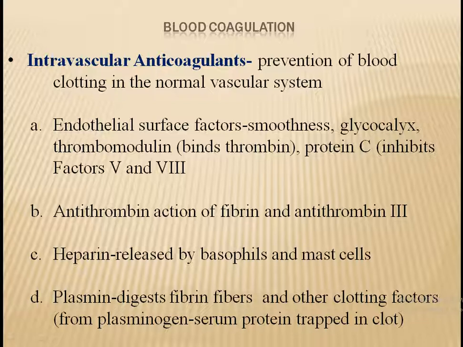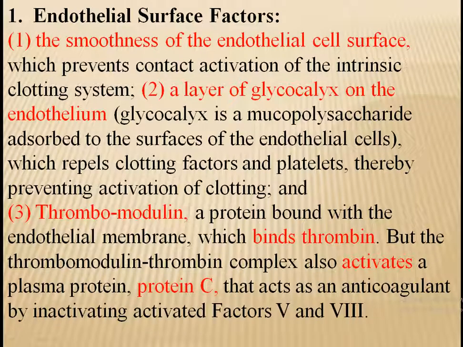The second point is the antithrombin action of fibrin and antithrombin 3. Thirdly, heparin release by basophils and mast cells. And lastly, the role of plasmin, which digests fibrin fibers and other clotting factors. Now, I would like to discuss all these one by one.